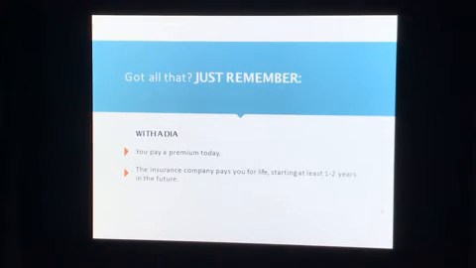With a DIA, a deferred income annuity, we are paying today to get its benefit in future, and these benefits will go on till our life. So you pay a premium today, and the insurance company pays you for life starting at least 1 to 2 years in future. This is the basic understanding of the concept of DIA.